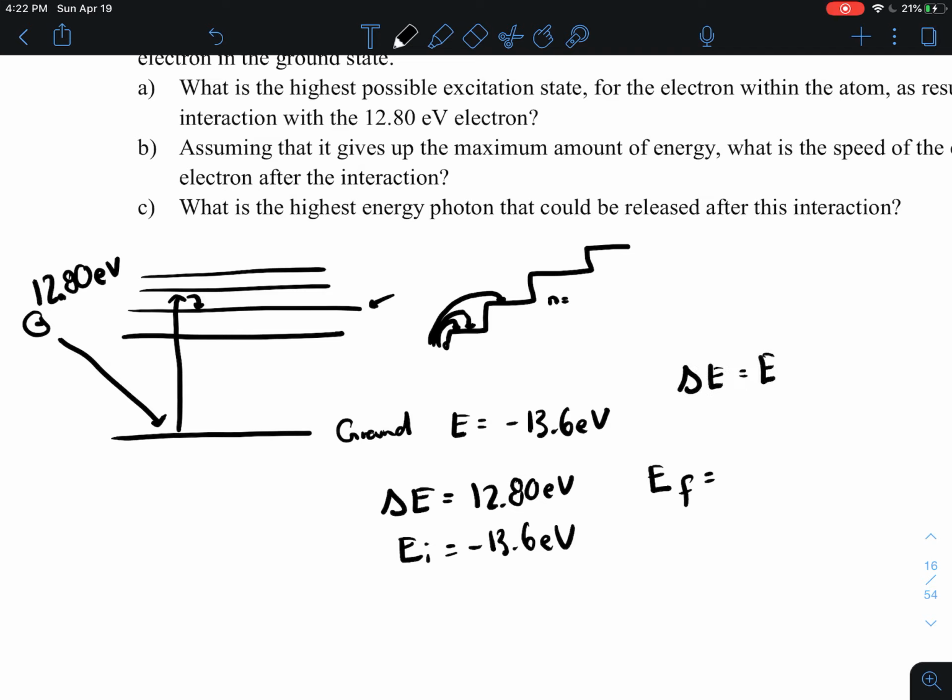Once again, the change of energy is equal to E final minus initial. In other words, E final is the change of energy plus the initial energy. So 12.8 plus negative 13.6.